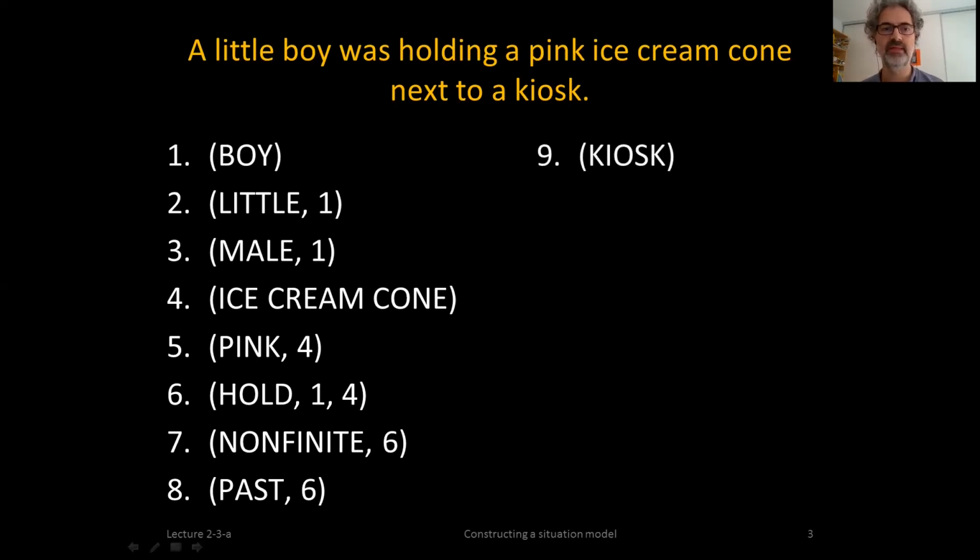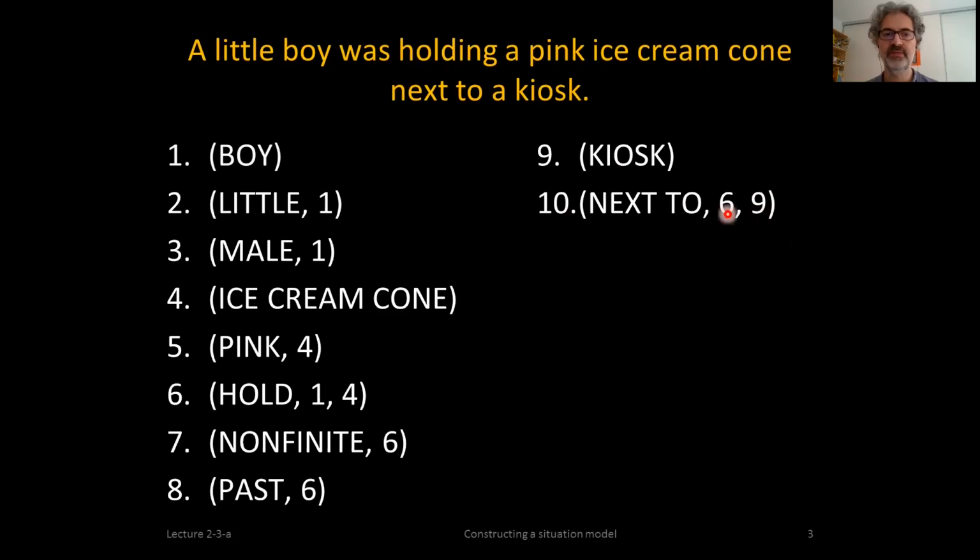And then we read the rest and we represent that there is a kiosk mentioned and that there is a spatial relationship such that the holding takes place next to the kiosk.